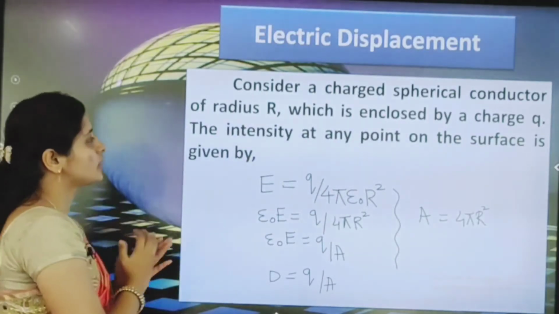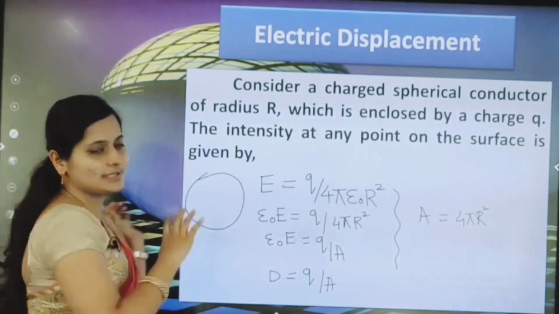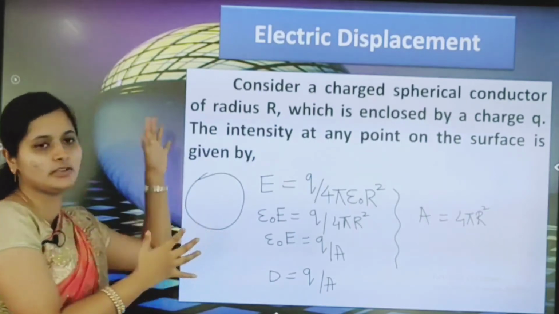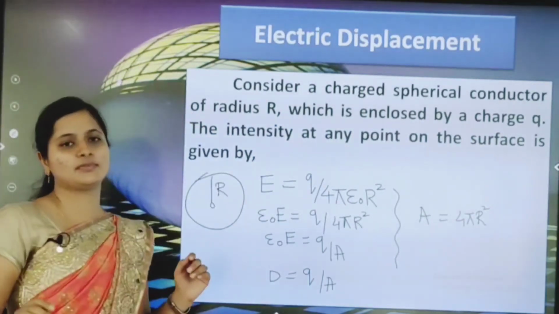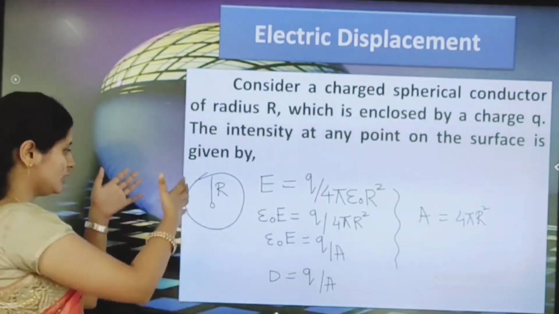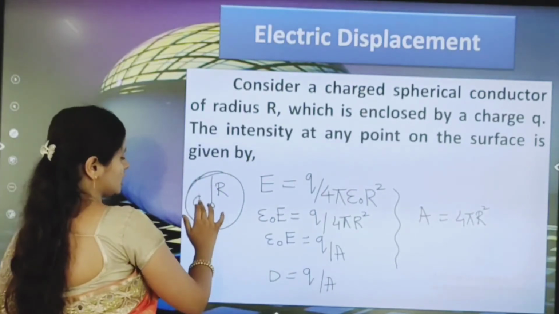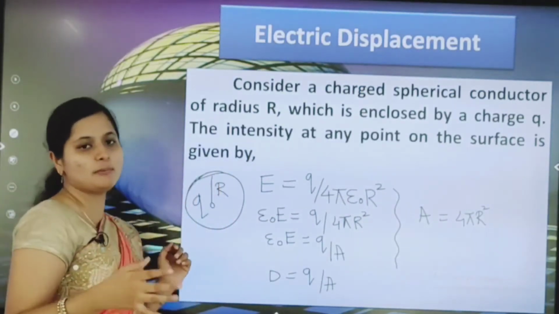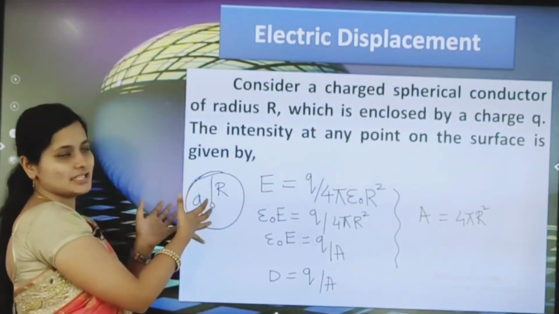Here we are considering one spherical conductor which has the radius r. Our sphere is enclosed by a charge q, so the charges may be plus q and minus q, enclosed in this sphere.